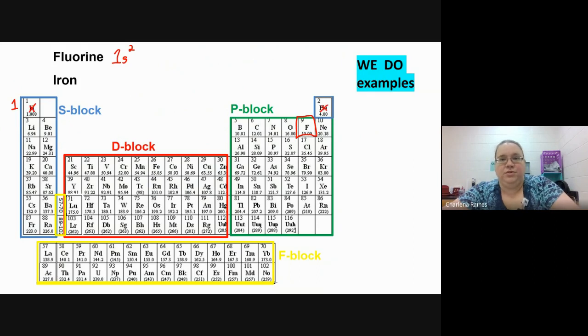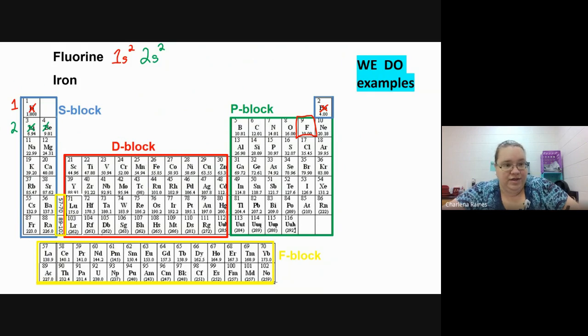So whether you put the helium where it belongs or helium where it doesn't belong, still 2 electrons in the 1st sublevel. 2nd period. My exponent tells me that I've only done 2 electrons, so that means I got to figure out where 3 is. Well, 3 is in the 2nd period, S block, and I notice that it's 3 and 4. So 2 elements.